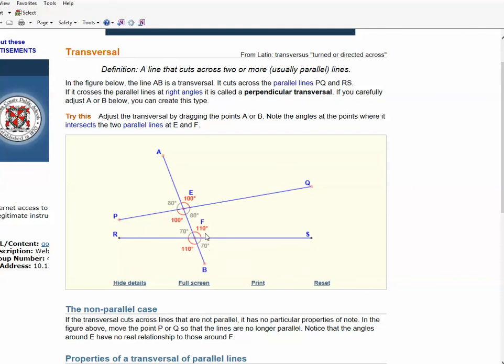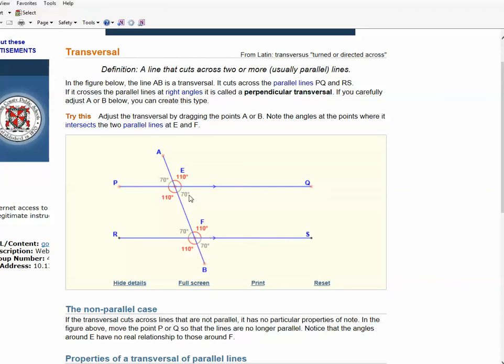Now we have four different angle measures. But if I drag P back up, so that now I've got these parallel lines again, now I only have two angle measures. The acute angles are all the same, the obtuse angles are all the same. Not only that, but the acute angle plus the obtuse angle, 70 plus 110, makes 180 degrees.